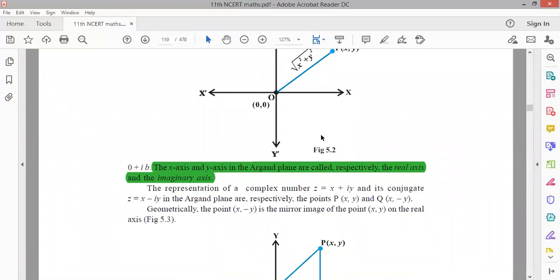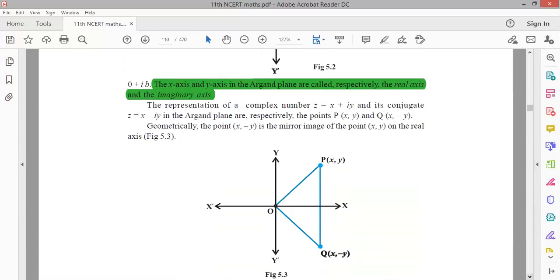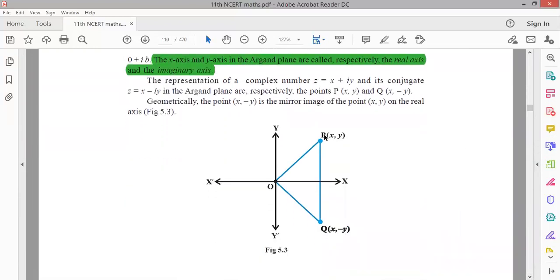Once again, I would like to repeat that the x-axis and y-axis in the Argand plane are respectively called the real axis and imaginary axis. For example, we have a point P of (x, y), and this is the origin, the point of intersection of the real and imaginary axes. You see here in the first quadrant we have a triangle, and whatever we discuss will be in light of this triangle.